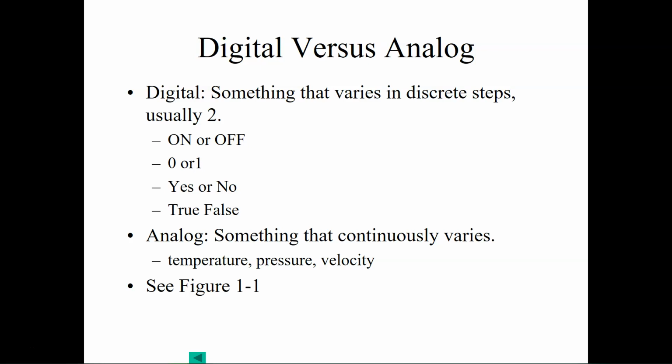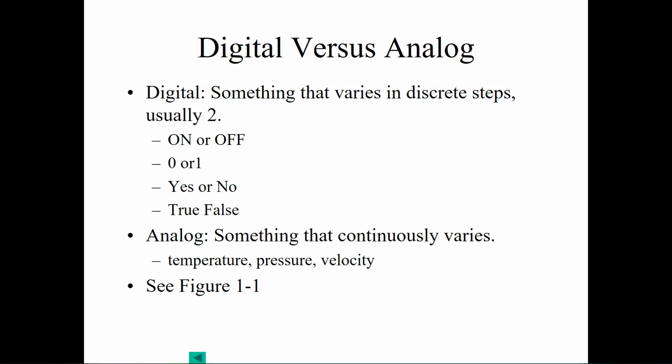So digital versus analog. Digital is something that varies in steps. It's only one or two, yes or no, true or false. We've said that a few times now. Analog is something that varies. So temperature is something that varies. Pressure is something that varies. Velocity varies. Those are some of the biggest things. Light levels can vary.